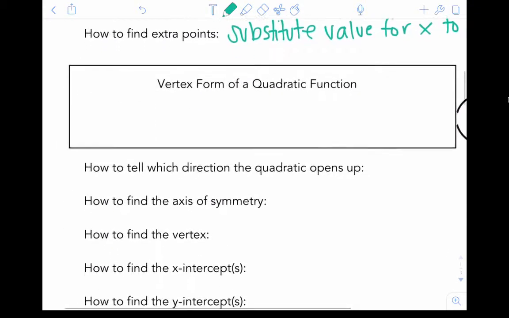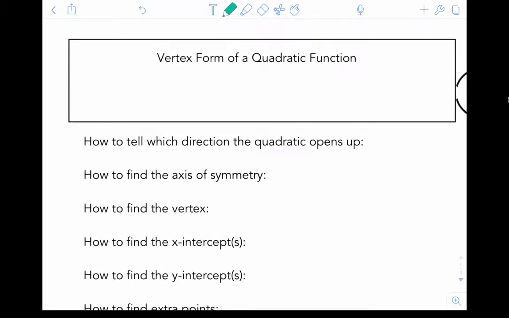Now the new thing that we're going to do is the vertex form of a quadratic function. So the vertex form is this: y equals a times the quantity x minus h, in parentheses, squared, plus k.